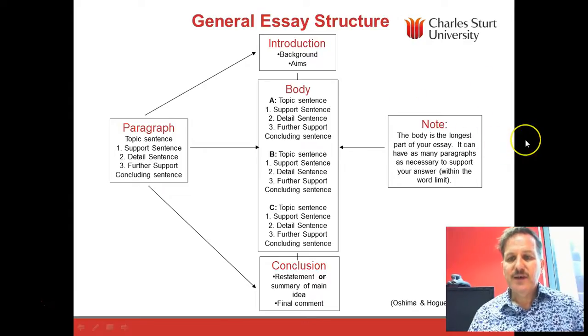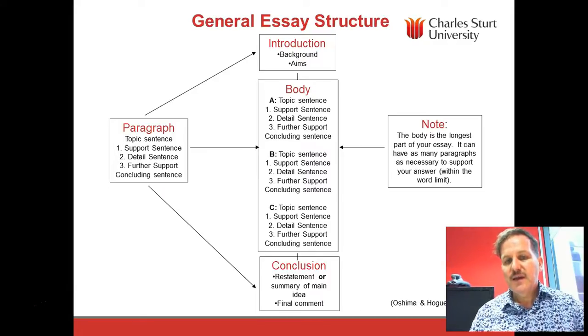So this is a general essay structure. In your introduction, you have your background and your aims, and this is where you introduce the particular argument. In the body, you have paragraphs: topic sentence, support sentence, detail sentence, support sentences, and concluding sentences.